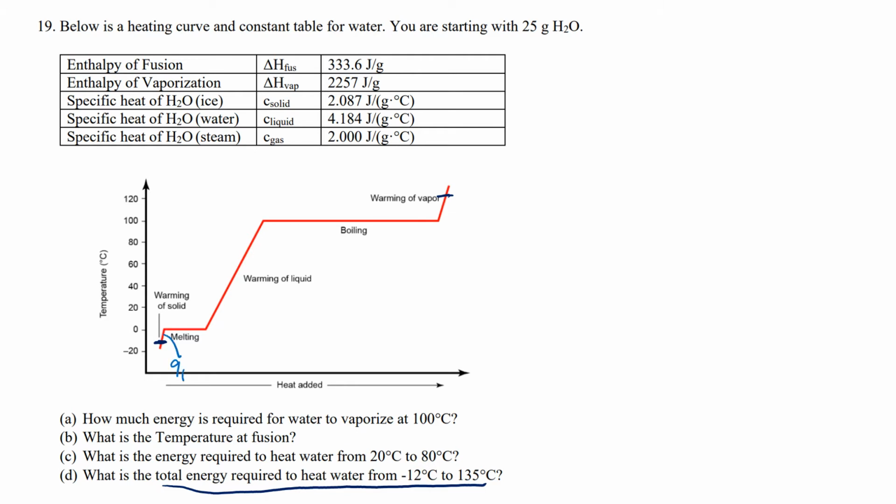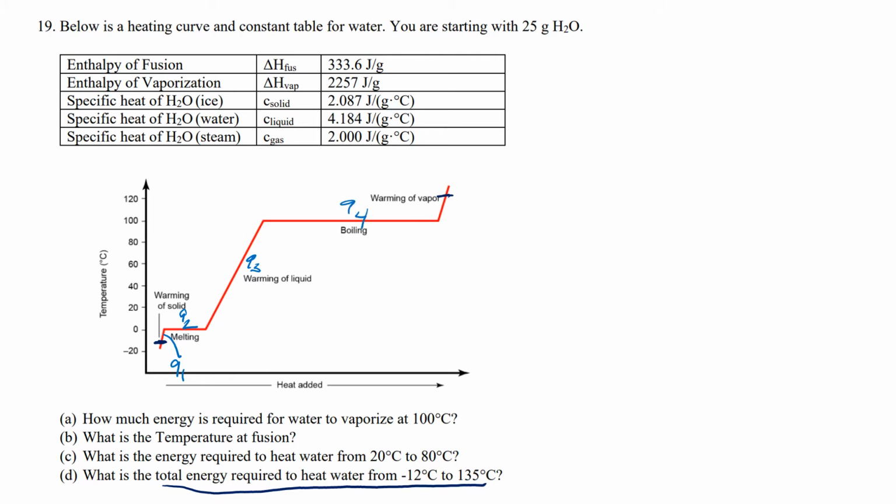Then how much energy is required to go from a solid to a liquid, Q2. How much energy is required to go from 0 degrees to 100 degrees when it's a liquid, Q3. And then how much energy is required for it to be vaporized, Q4.